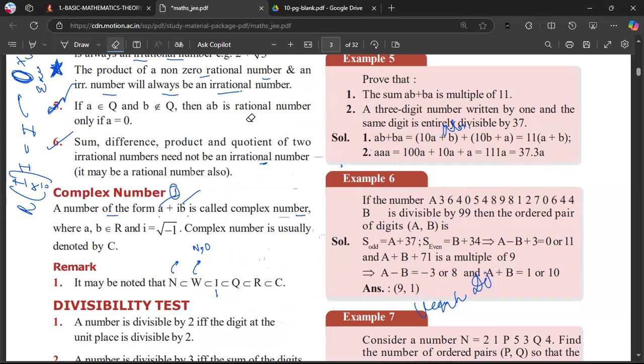So now let's discuss the divisibility test.